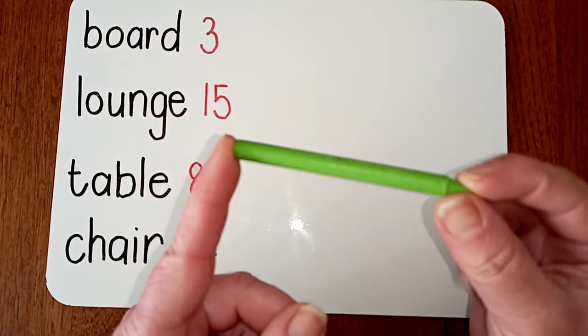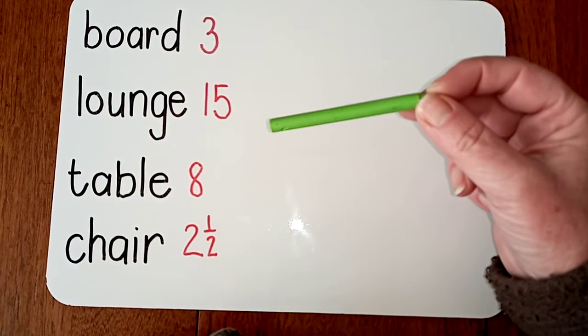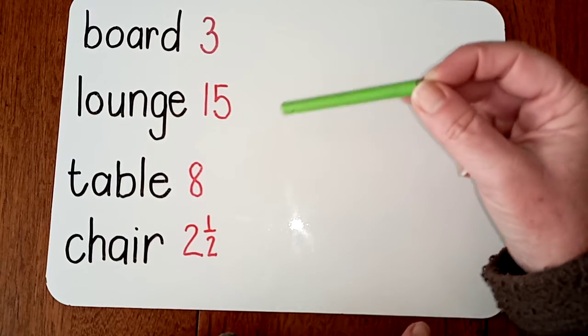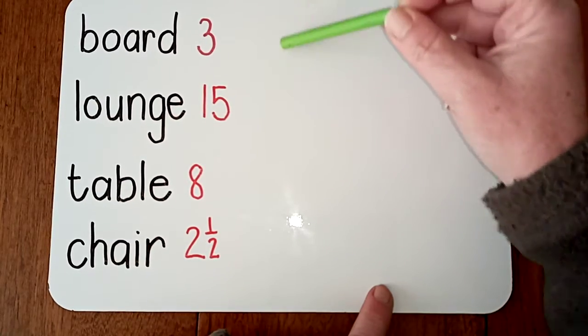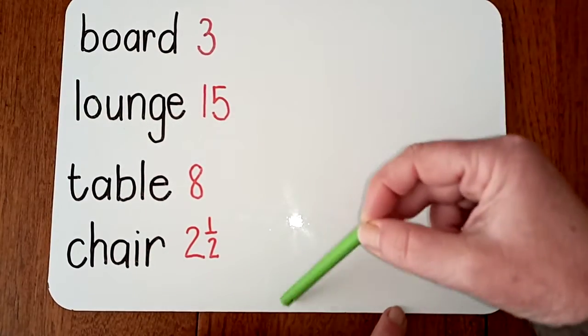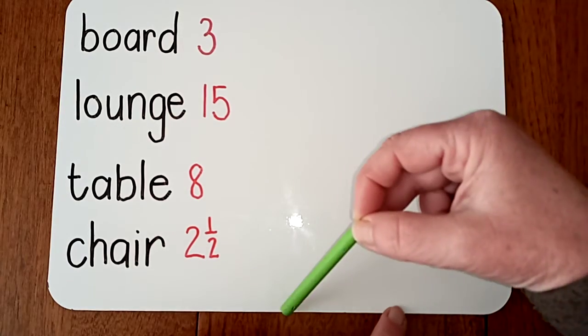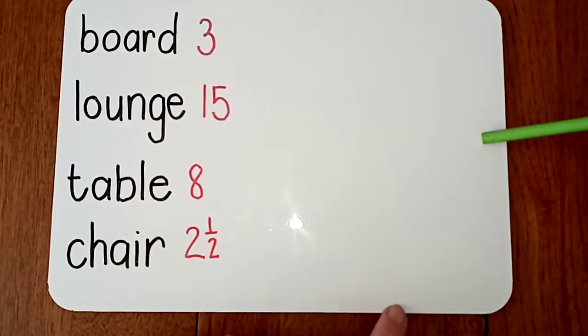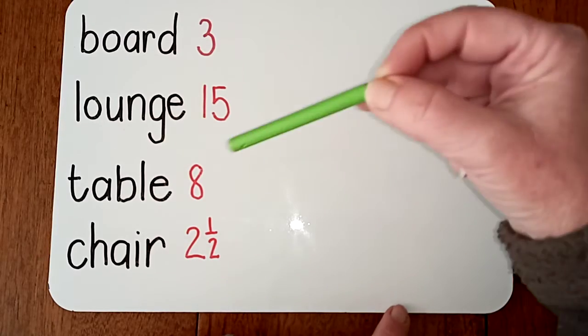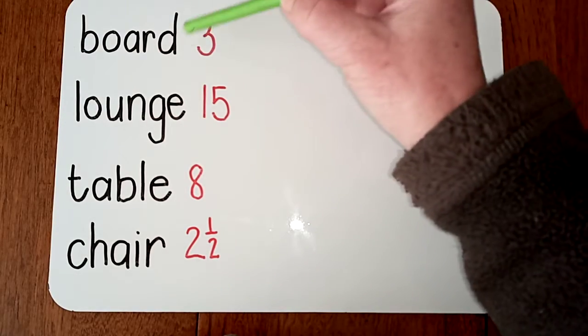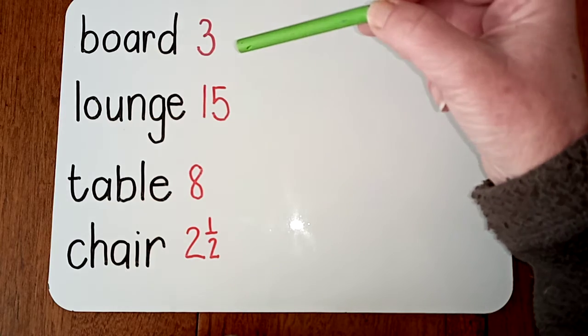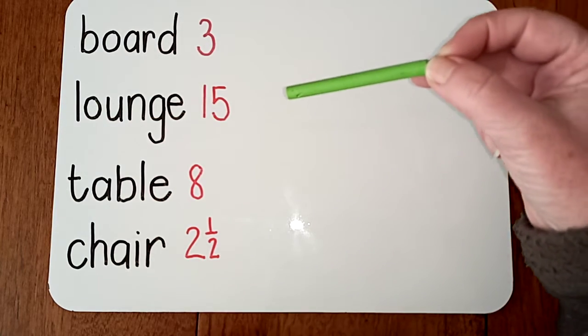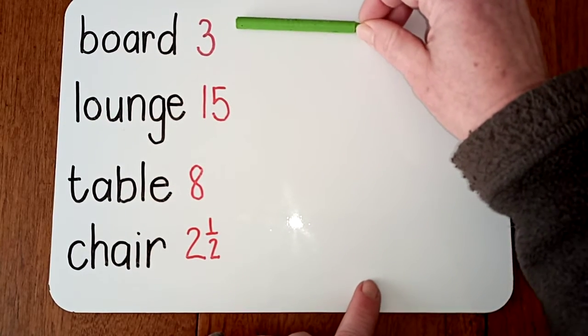So my measurement will be different to yours. And also, I didn't say whether you must measure the board, the width going across from top to bottom, or the length from side to side. So that all makes a difference, and that's why our answers are different. So we can't have that. Okay, so that's a bit of a problem.